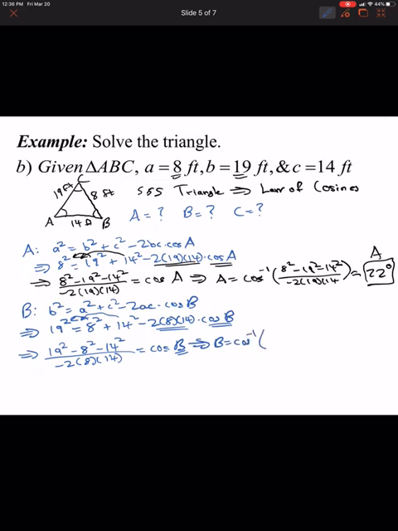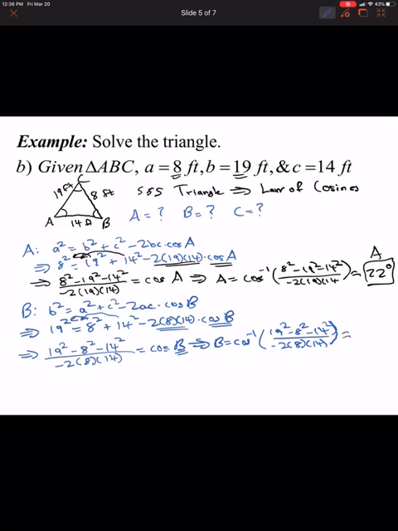Cosine inverse of this fraction, 19 squared minus 8 squared minus 14 squared, all divided by negative 2 times 8 times 14. And again, we'll go nearest whole number.